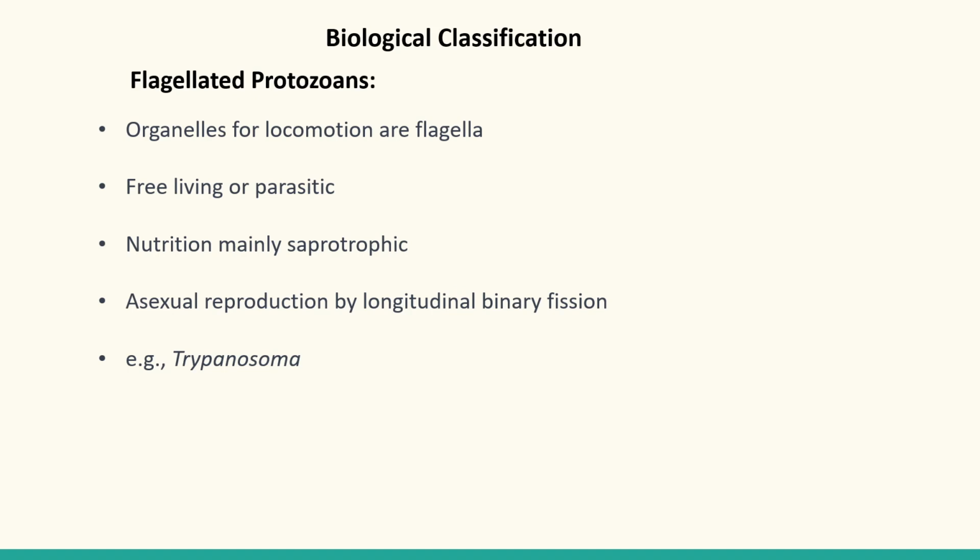Asexual reproduction is by longitudinal binary fission, a particular type of binary fission. If the cell is like this, Trypanosoma, this is the longitudinal binary fission. In this way, the cell divides into 2 daughter cells.